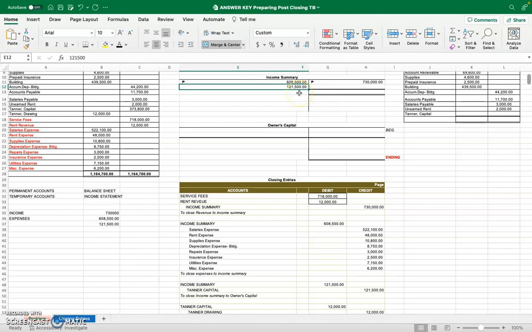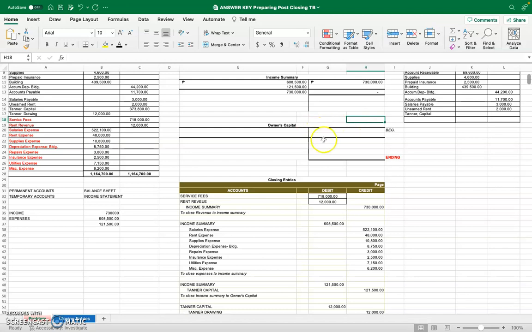We have to compute for the final balance of the income summary. Again, the goal is to make it zero. Let's see if it will become zero. 608,500 plus 121,500 is equivalent to 730,000. And then 730,000 minus 730,000 is equivalent to zero. So we're able to close it.